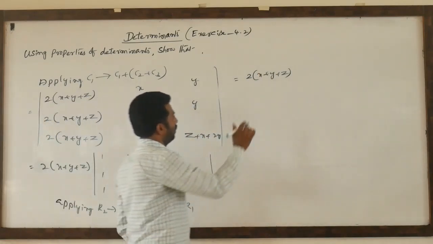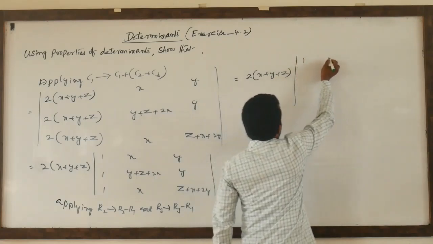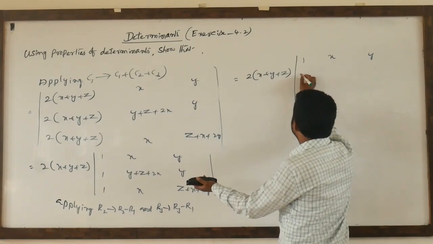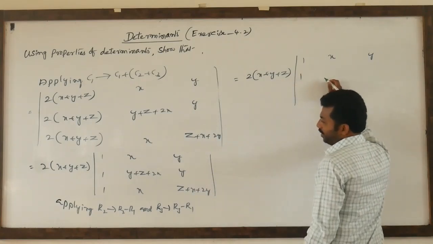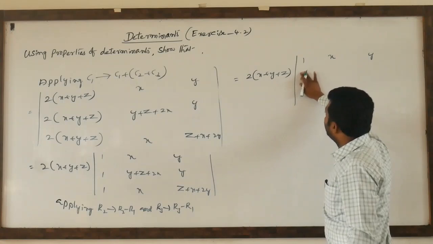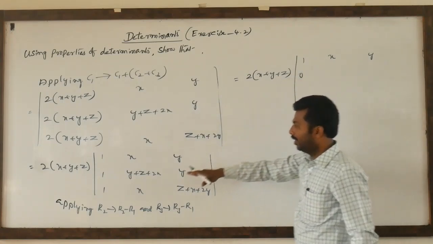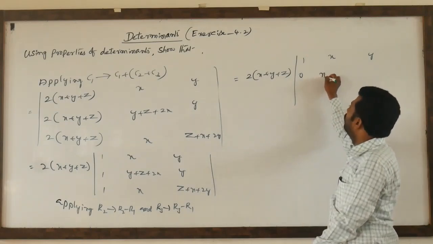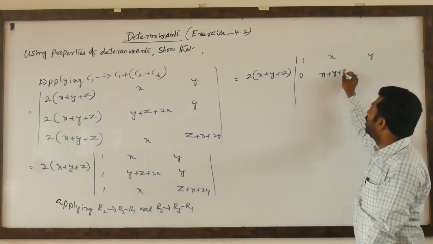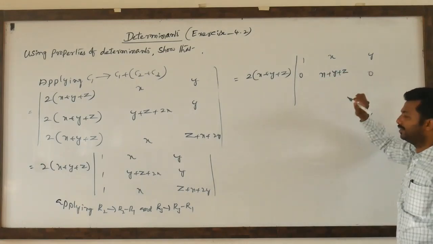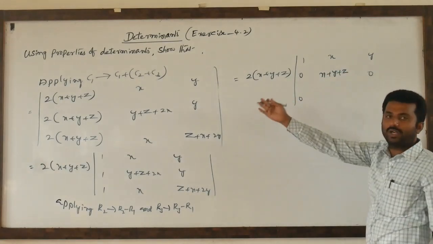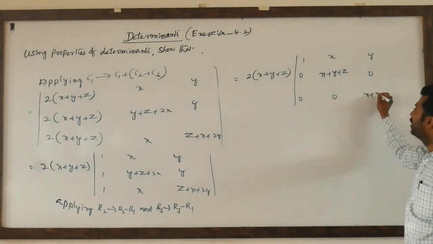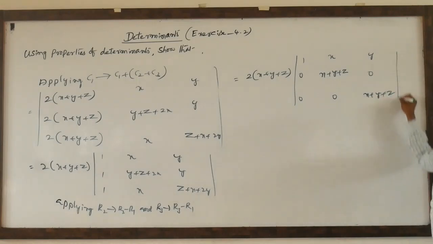No changes in R1, so this is 1, x, y. R2 minus R1 means this is 0. This term minus x means only one x will appear, so we can write x plus y plus z. This is 0. R3 minus the corresponding R1 gives 0, this is 0, then this is x plus y plus z.